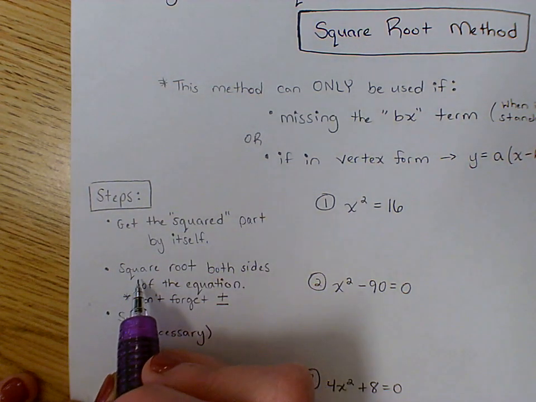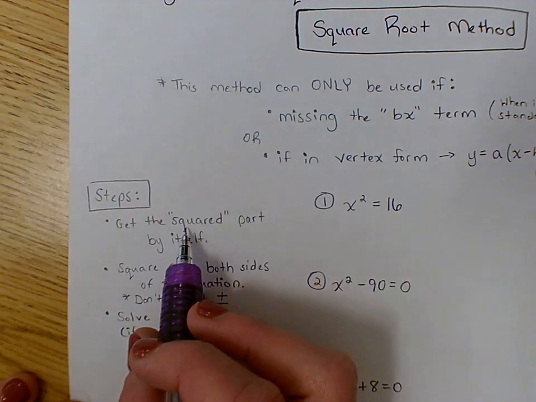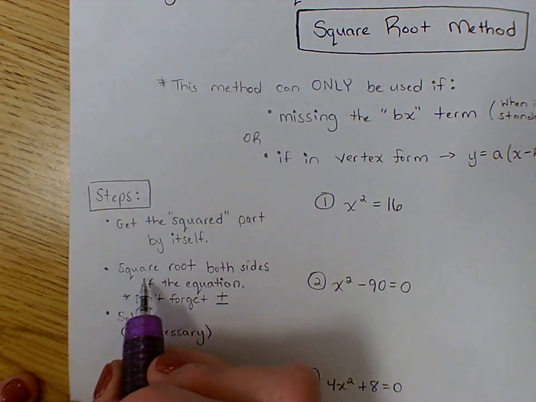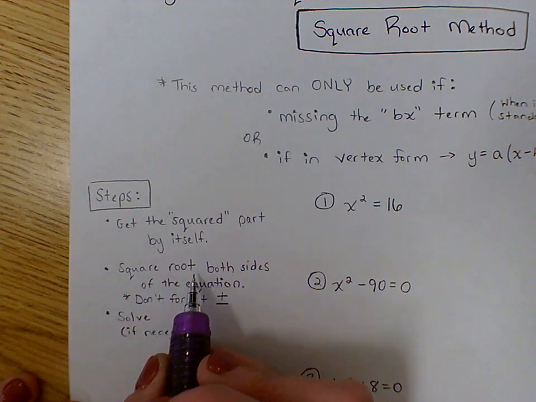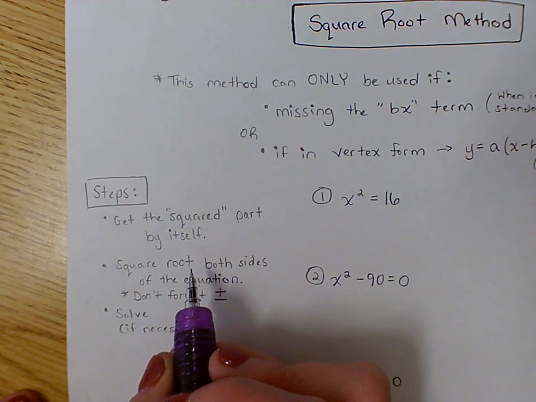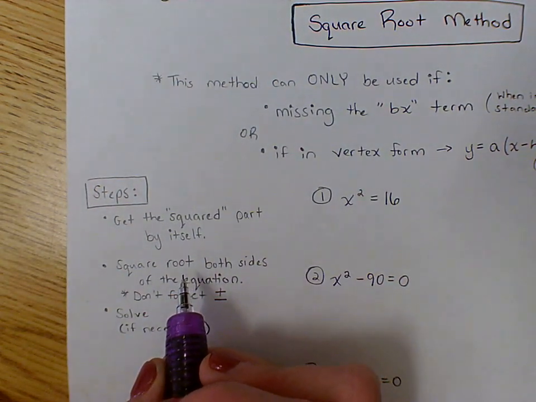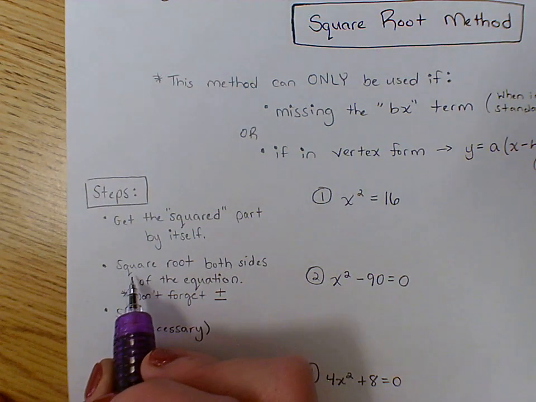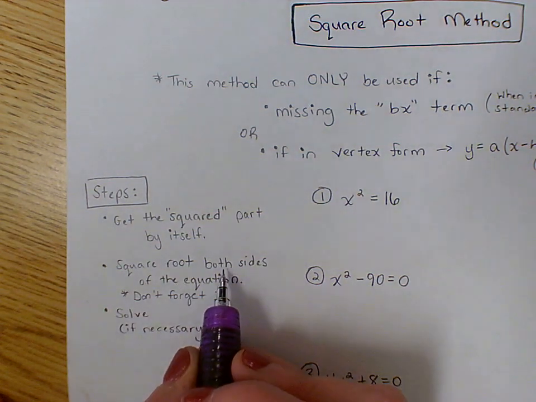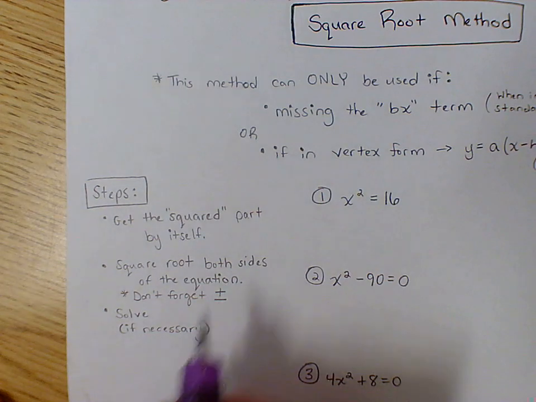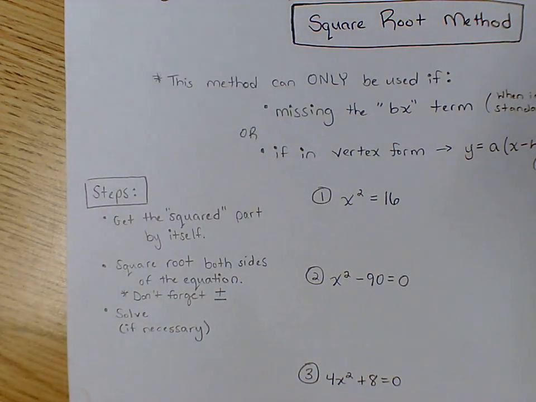Once that's happening, then the opposite of squaring something is square rooting. So to get rid of the square, you square root, because remember, you're trying to get it to where x is by itself. So you've got to get the squared part off. So you're going to square root, and you have to do it to both sides, because what you do to one side of the equation, you've got to do to the other to keep it balanced.